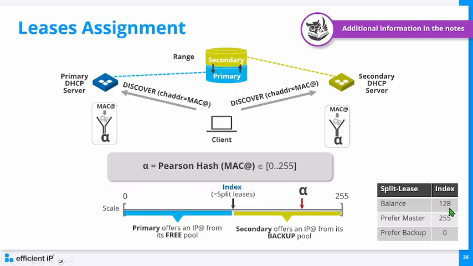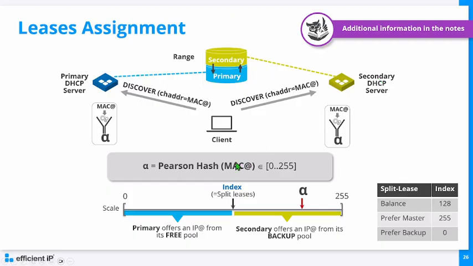Sorry, 128. It means that if the hash value of the client MAC address is a number within the range of 0 to 128, then the primary will offer the IP address. The secondary will not.